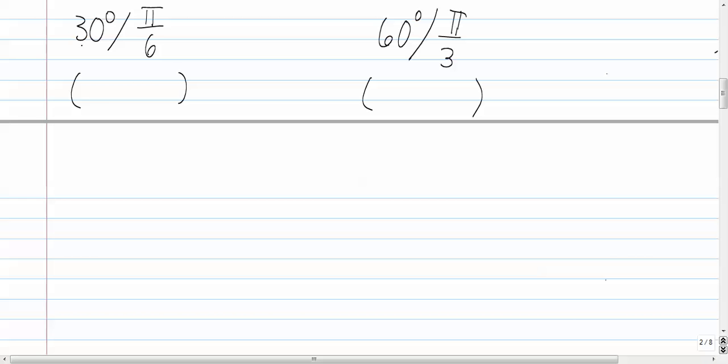So for 30 degrees, or pi over 6, we use the point square root of 3 over 2, 1/2. And for 60 degrees, or pi over 3, we use 1/2, square root of 3 over 2. So you can see it's very easy to get those mixed up.